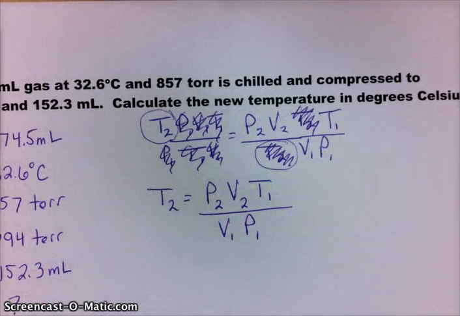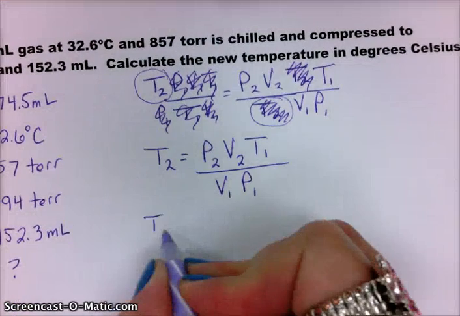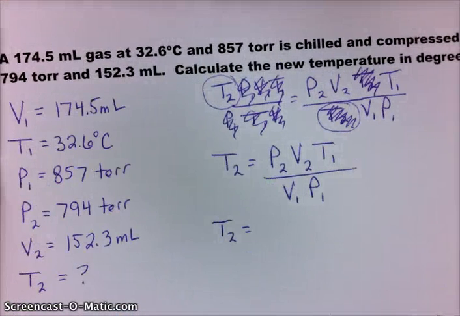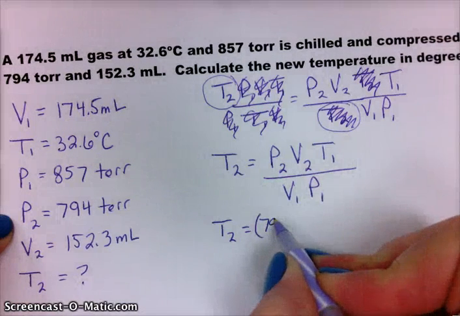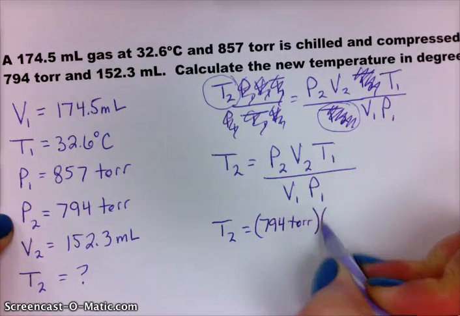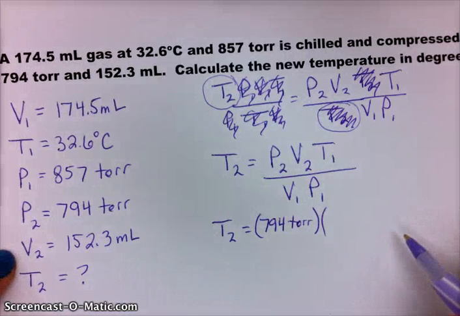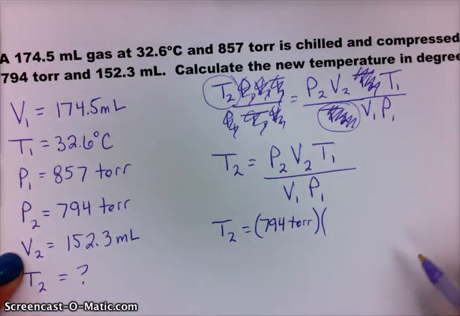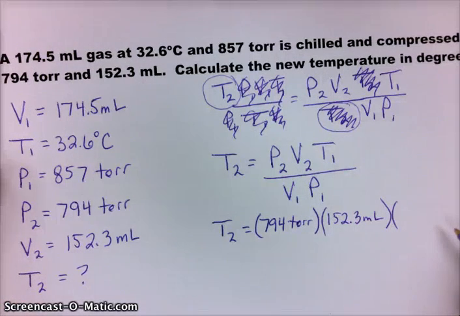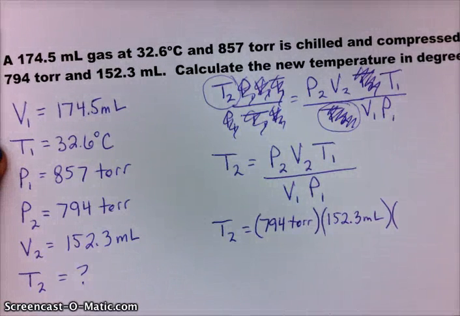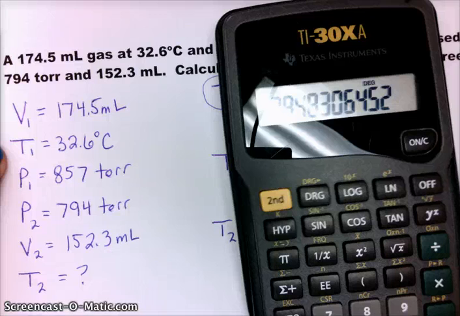So now we're ready to plug in. So T2 equals P2, our first variable, and that is 794 torr. V2 is next, and that's 152.3 milliliters. Then we have T1. Aha! What have we forgotten? That's right, we must change our temperatures to Kelvin by adding 273.